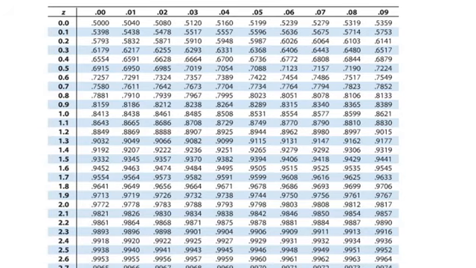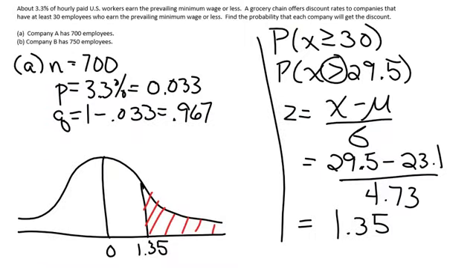Here's my chart for the normal curve. I'm looking for the number 1.35. So I first locate the 1.3 and then the 0.5. And where these two intersect is 0.9115. So going back to my curve, that means that the area here is 0.9115.